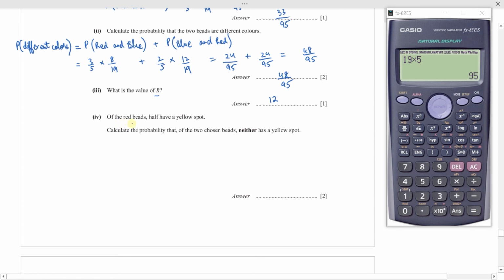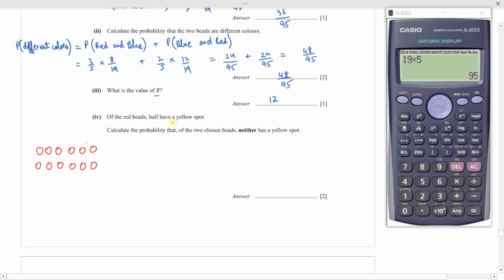Part 4 is, of the red beads, half have a yellow spot. Calculate the probability that the two chosen beads neither has a yellow spot. So let me actually draw these out here. So you have 12 red beads. So 1, 2, 3, 4, 5, 6, 7, 8, 9, 10, 11, 12.